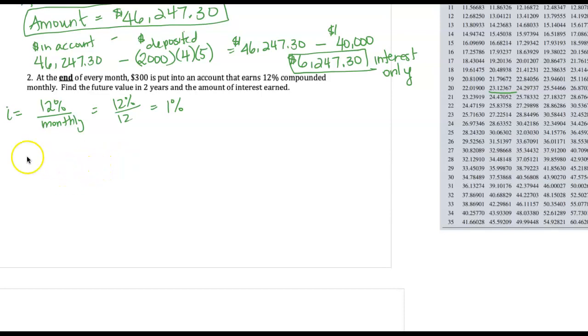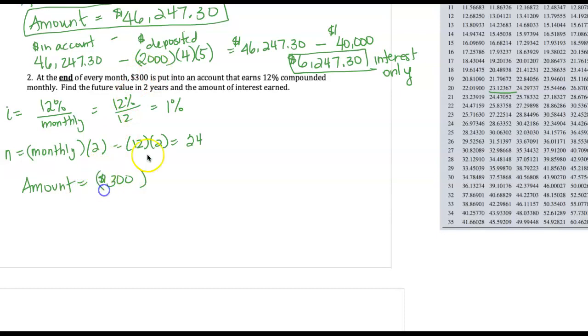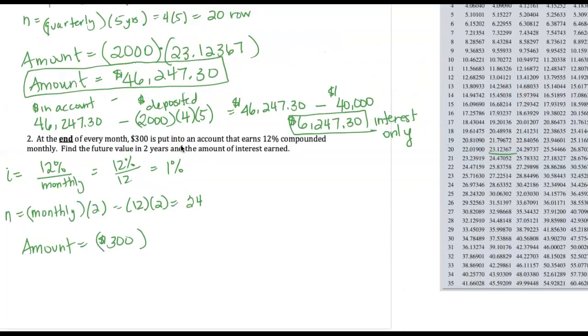The row that we're going to use is the N, and the N says take our monthly deposits, and we're going to keep our deposits in for 2 years. So 12 times a year for 2 years, we're going to make 24 different deposits. To find the amount in the account, the $300 for the repeated payment, and we're going to look up the 1% column and the 24th row.